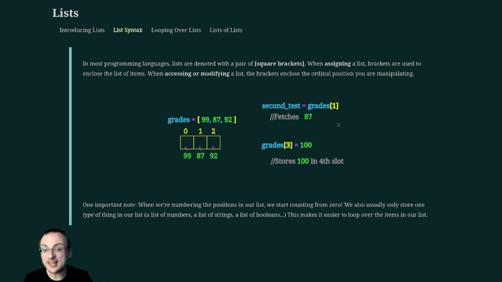If some of the things in my list are numbers, and some are strings, and some are booleans, then there's not much I'd really be able to do with the item that I got back. I wouldn't be able to say my thing and true. I wouldn't be able to say my thing plus 1, because what if it was a boolean? I wouldn't be able to concatenate this to some other text, because what if it's a number or a boolean? I don't know which type of thing it is, so I can't do anything with it.